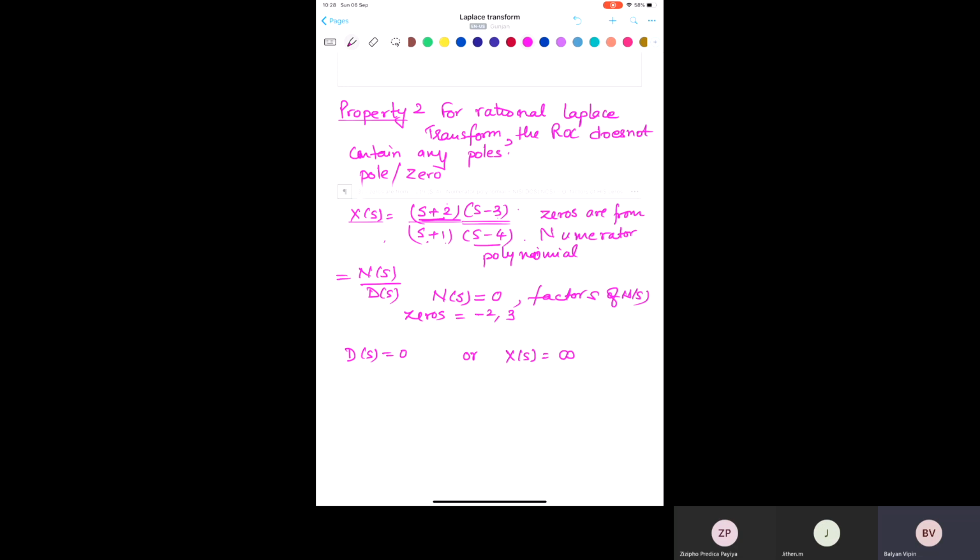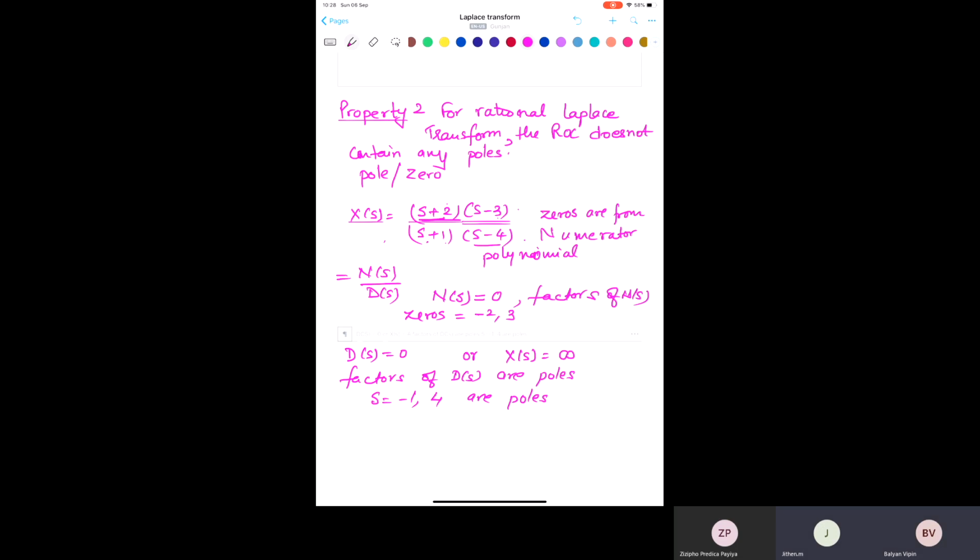So all the factors of D of s give poles. In this case, s equals minus 1 and 4 are poles. Do you understand what is pole and zero now? Yes, 100%.